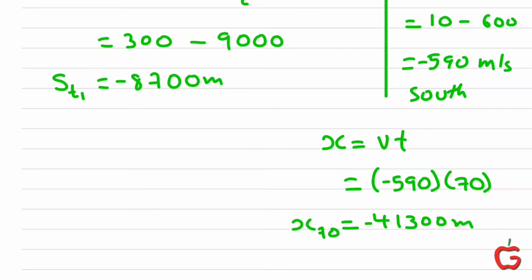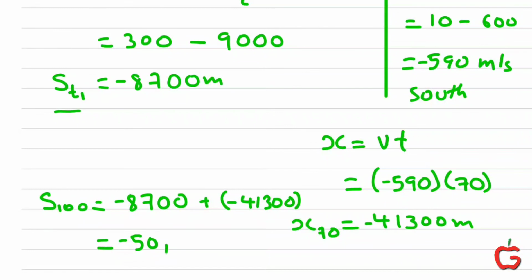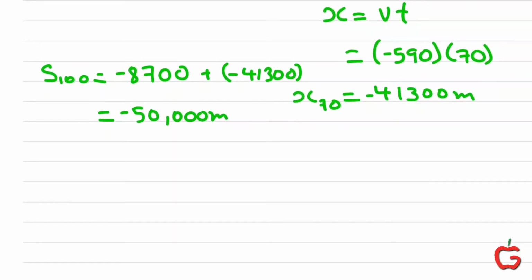This is the distance covered in 30 seconds. So the total would be the sum of these two. So this is minus 50,000 meter or minus 50 kilometers.